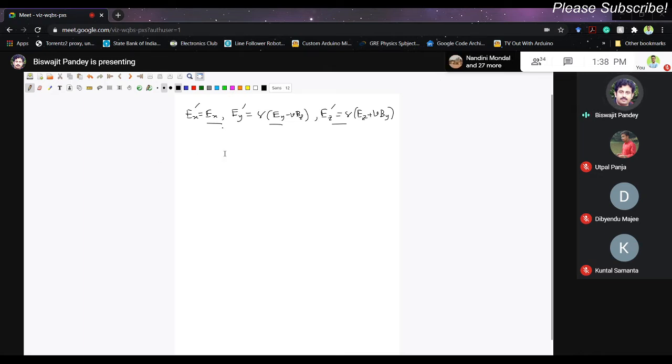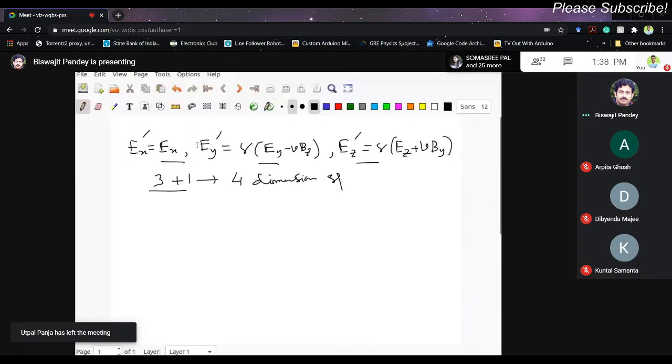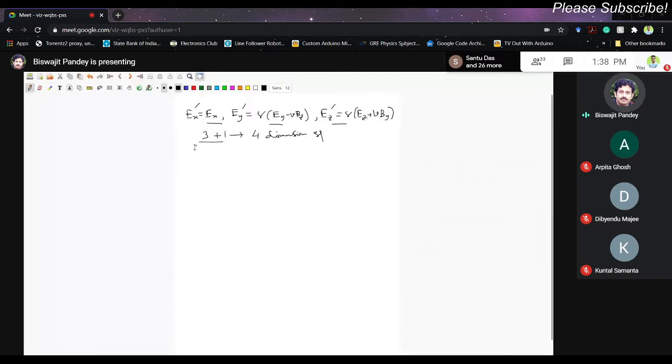Then what are the other possibilities? Because we are in a 3+1 four-dimensional space-time. Suppose we assume that the electric field and the magnetic field are the components of the same object.